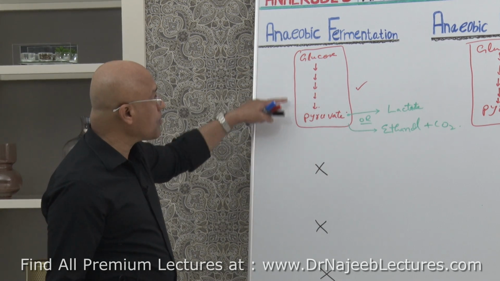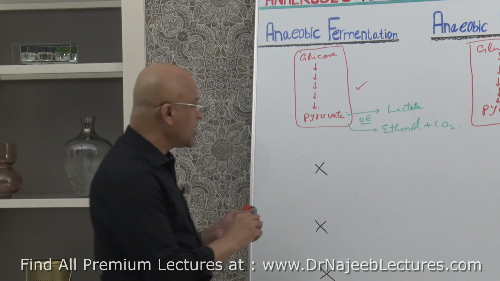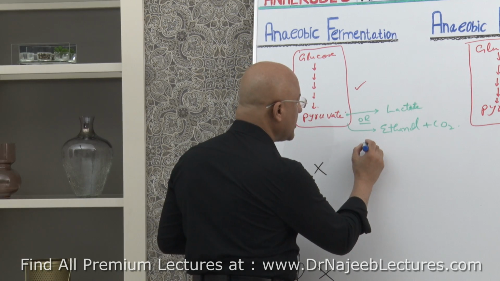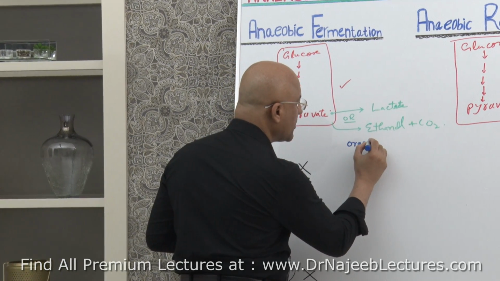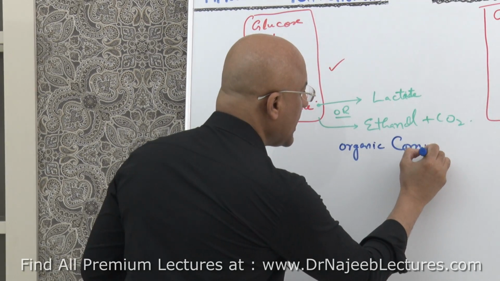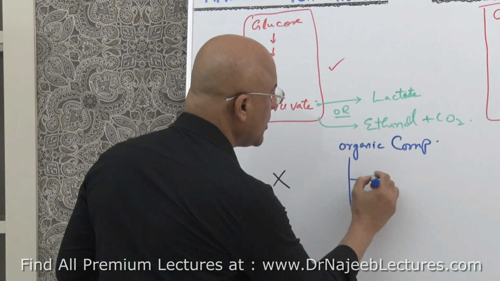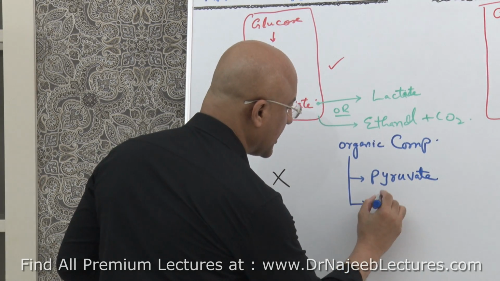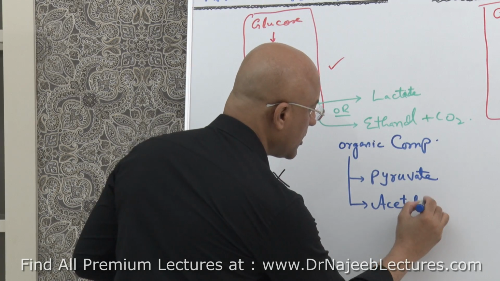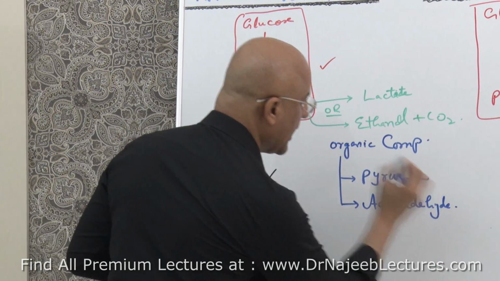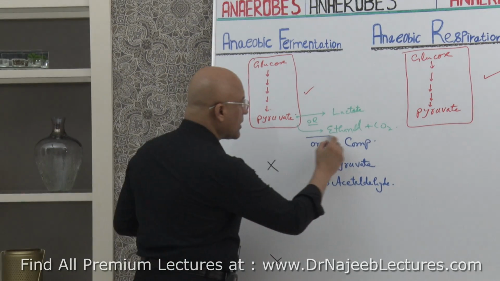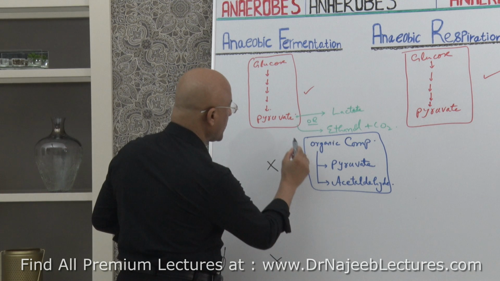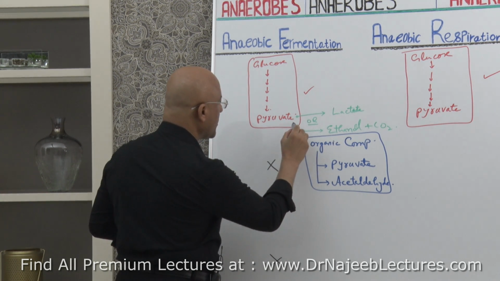Now, in anaerobic fermentation, the final electron acceptors are organic compounds, and these compounds can be pyruvate or acetaldehyde.